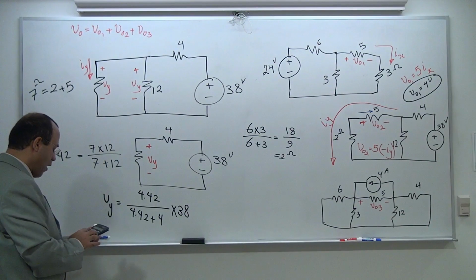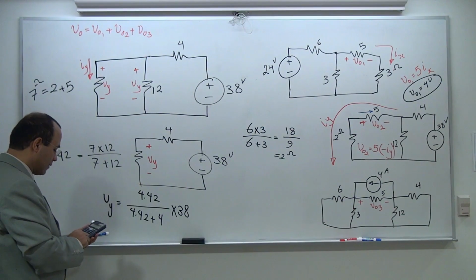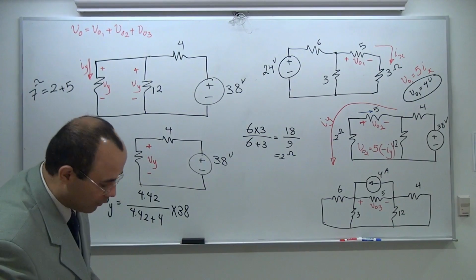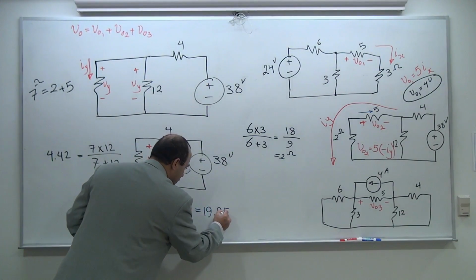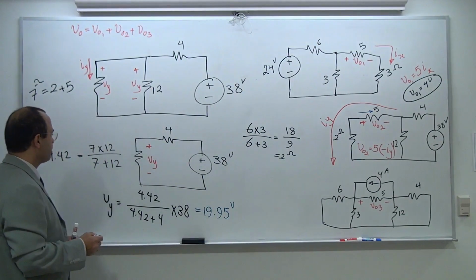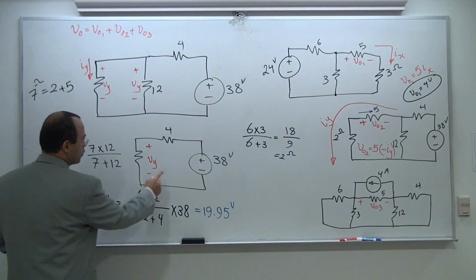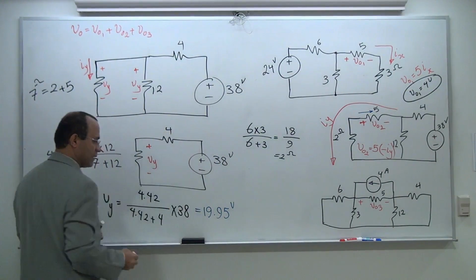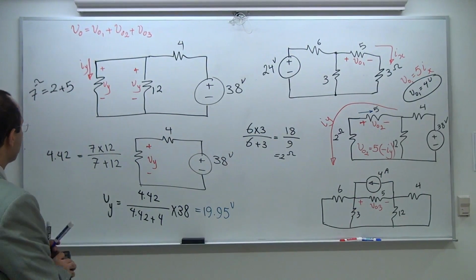Your answer might be off by some level, but we accept close values as well. So this one is going to be 19.95 volts. It makes sense because 4.42 is almost 4, so this is 4 and 4 in front of this. It's going to be half of that. That makes sense. It's one easy way of making sure your values are okay.